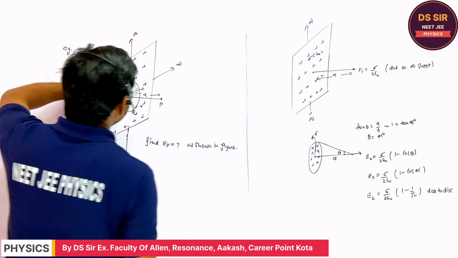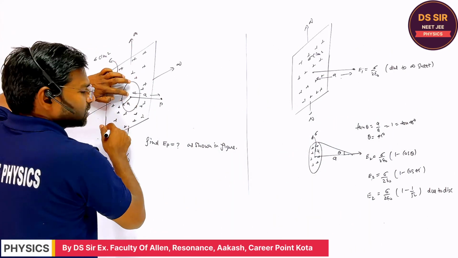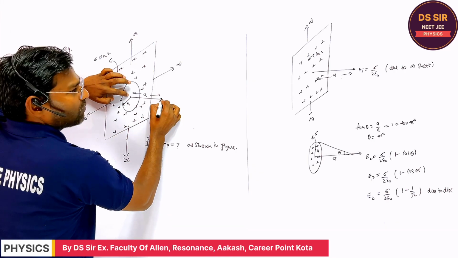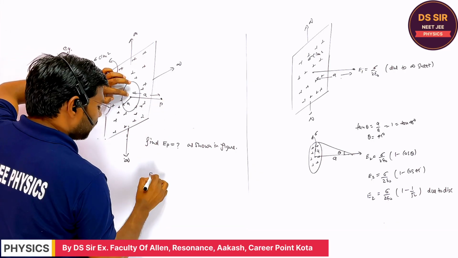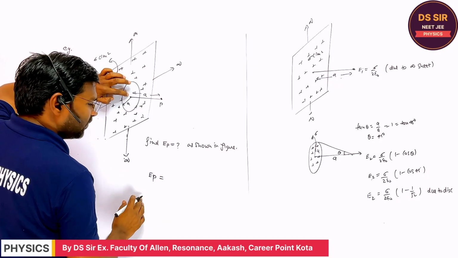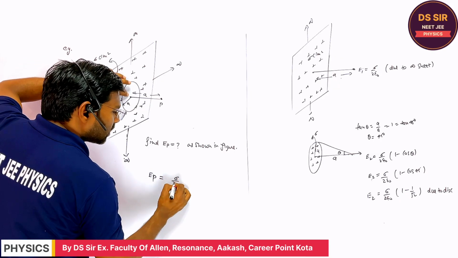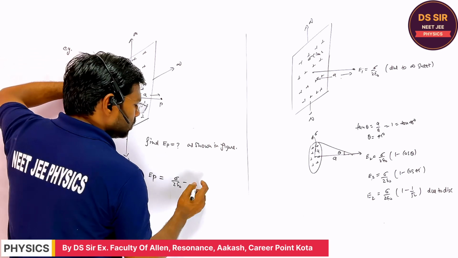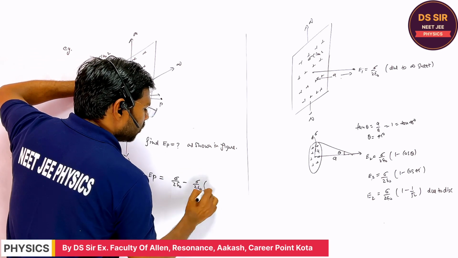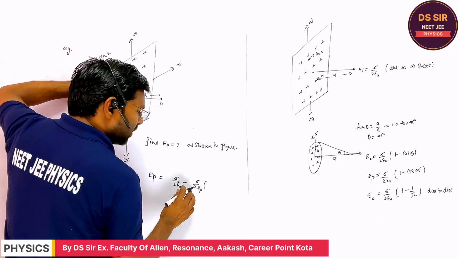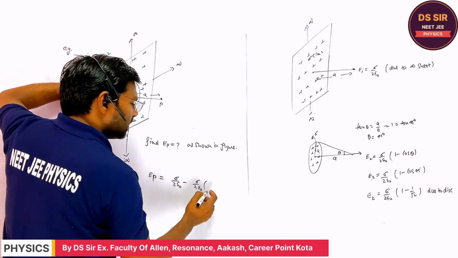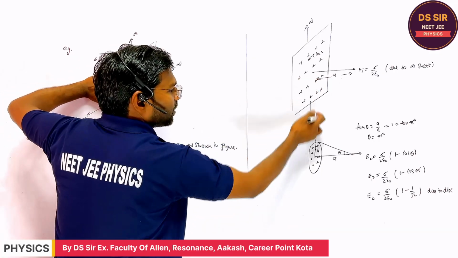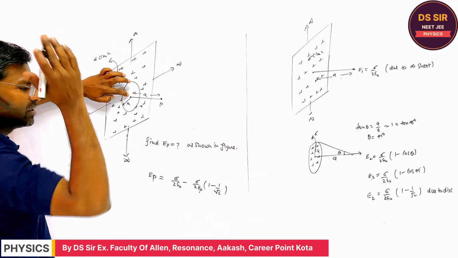To find the electric field due to this sheet having a removed disk, you have to write the electric field due to the complete sheet minus that due to the disk which is removed. The complete sheet minus this, you will get this.